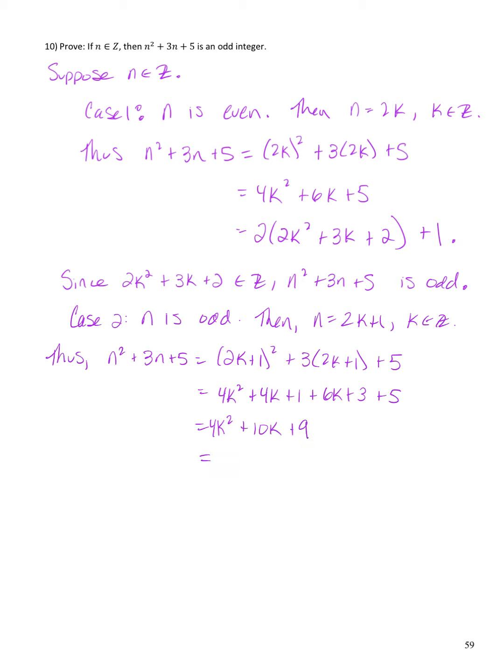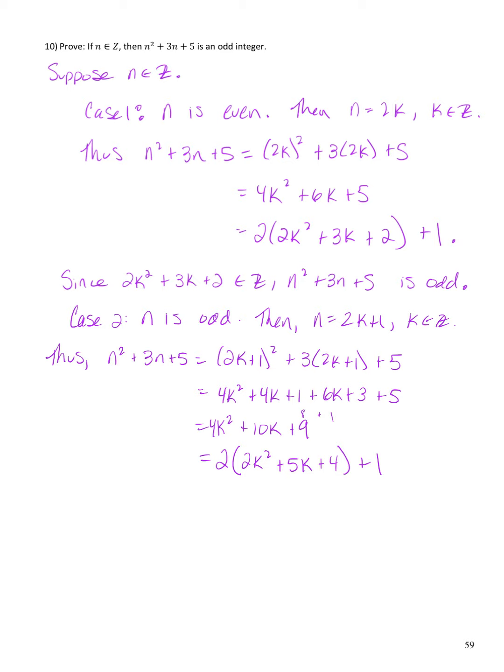And then we need to write this as 2 times an integer plus 1. I'm trying to prove that it's odd, so I need to factor out a 2, at least from the first two terms. So I have 2 times (2k squared plus 5k). I can't factor out a 2 from the 9, but I can think of 9 as 8 plus 1. And then I would put a 4 here to get the 8, and then I need to add one more. And now I've done it.